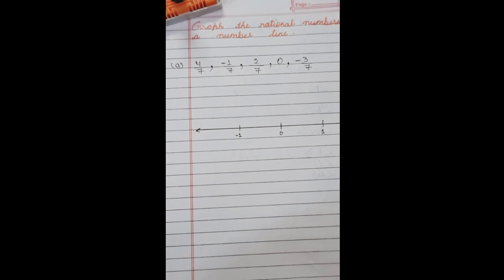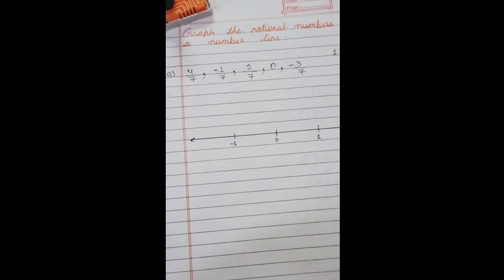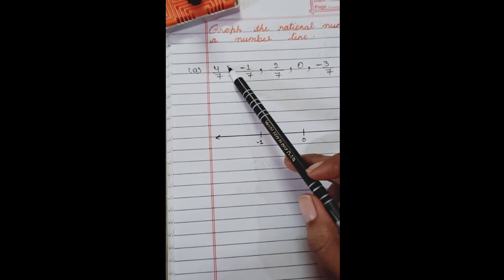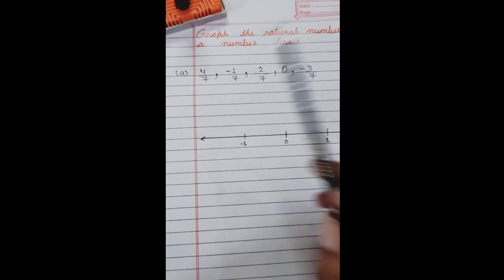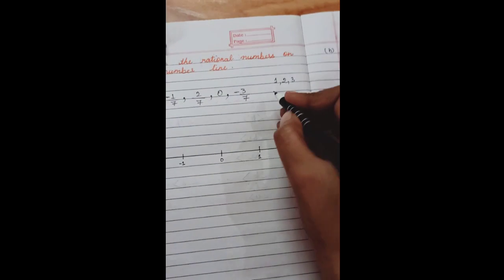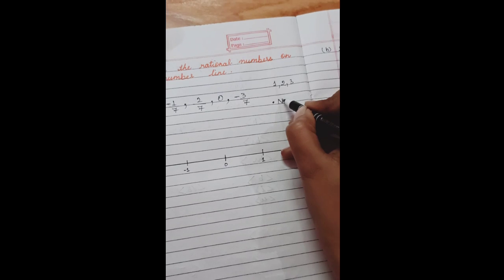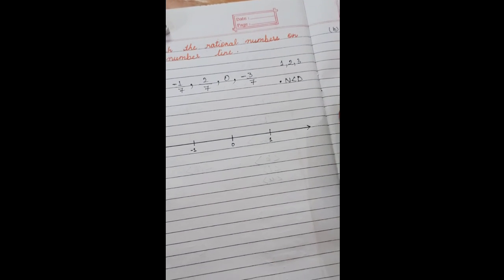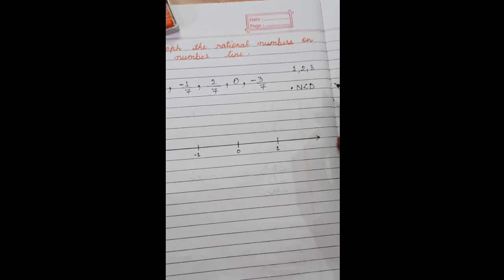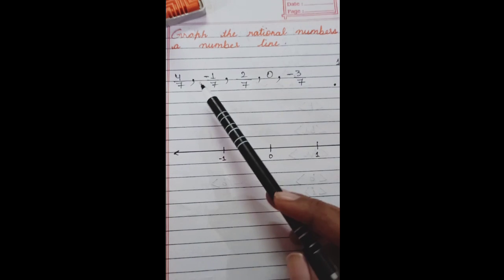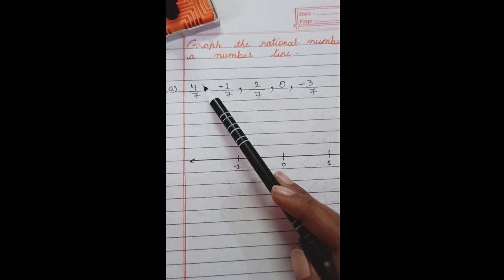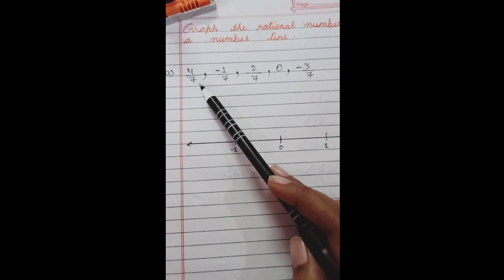Let's study. So first case is when numerator is less than denominator. When numerator is less than denominator, see this fraction 4 by 7. Here the numerator is less than denominator.